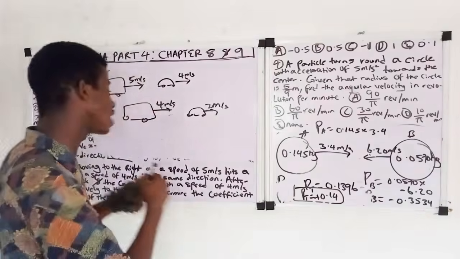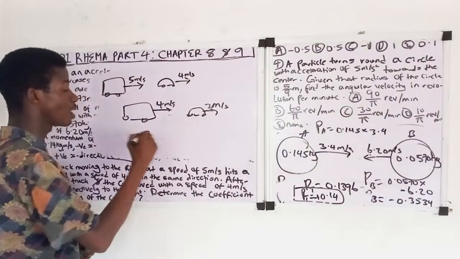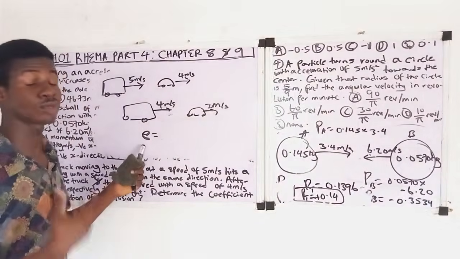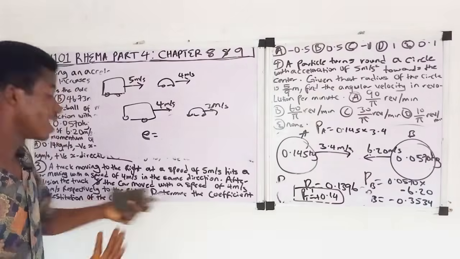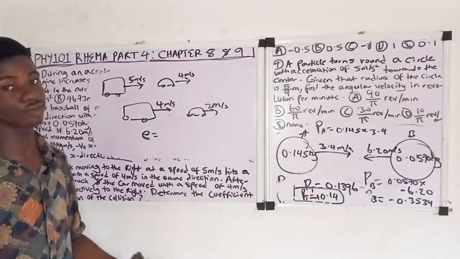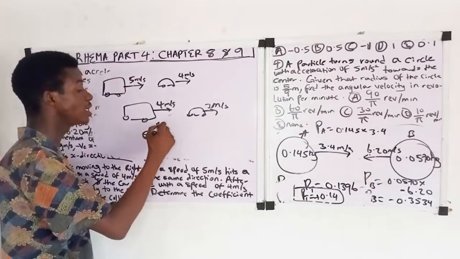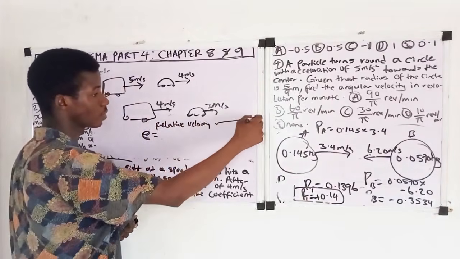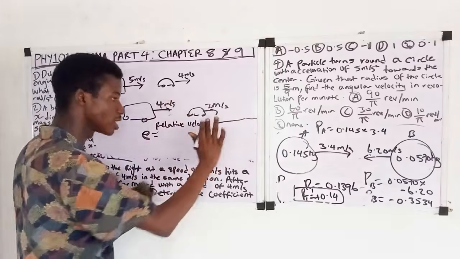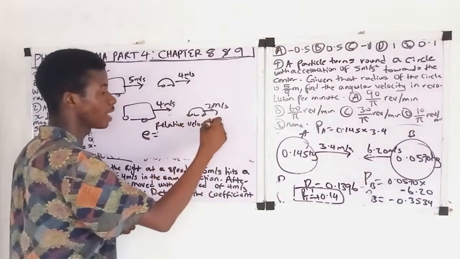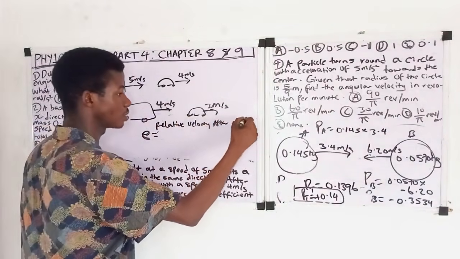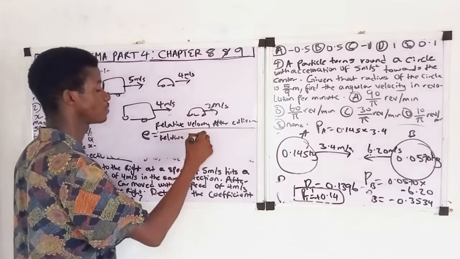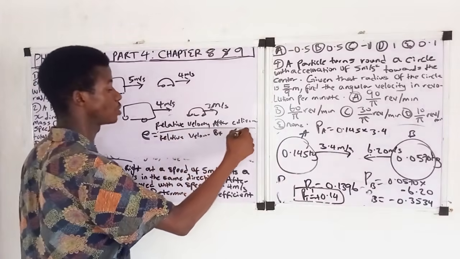Okay, yes. Now this is a very easy question. So remember, the coefficient of restitution of a collision usually equals the relative velocity after collision divided by the relative velocity before collision, right?